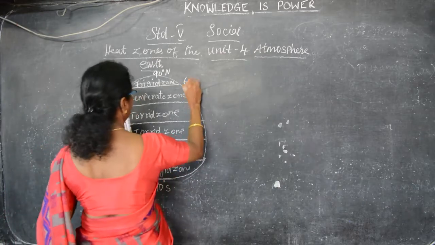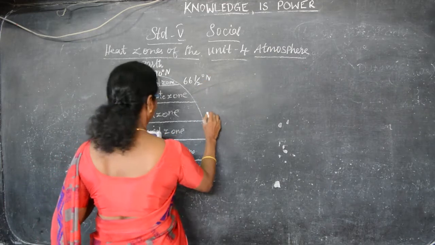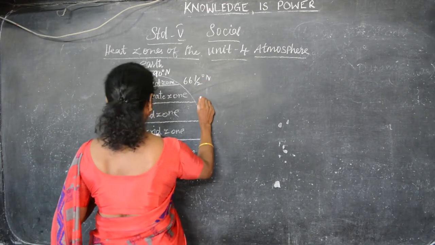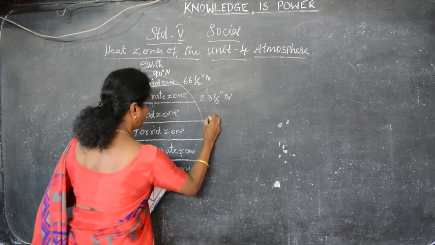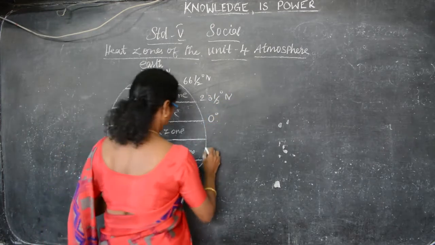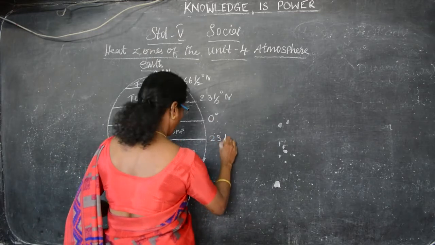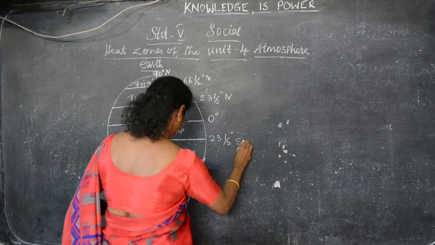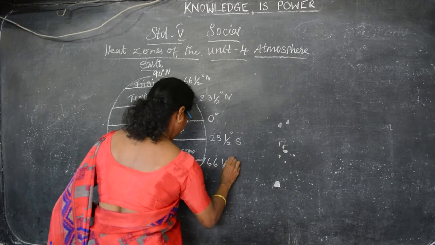And this frigid zone is 66 1/2 degree north, and this temperate zone is 23 1/2 degree north, and the torrid zone is 0 degree, and again this torrid zone is 23 1/2 degrees south, and this frigid zone is 66 1/2 degrees south.